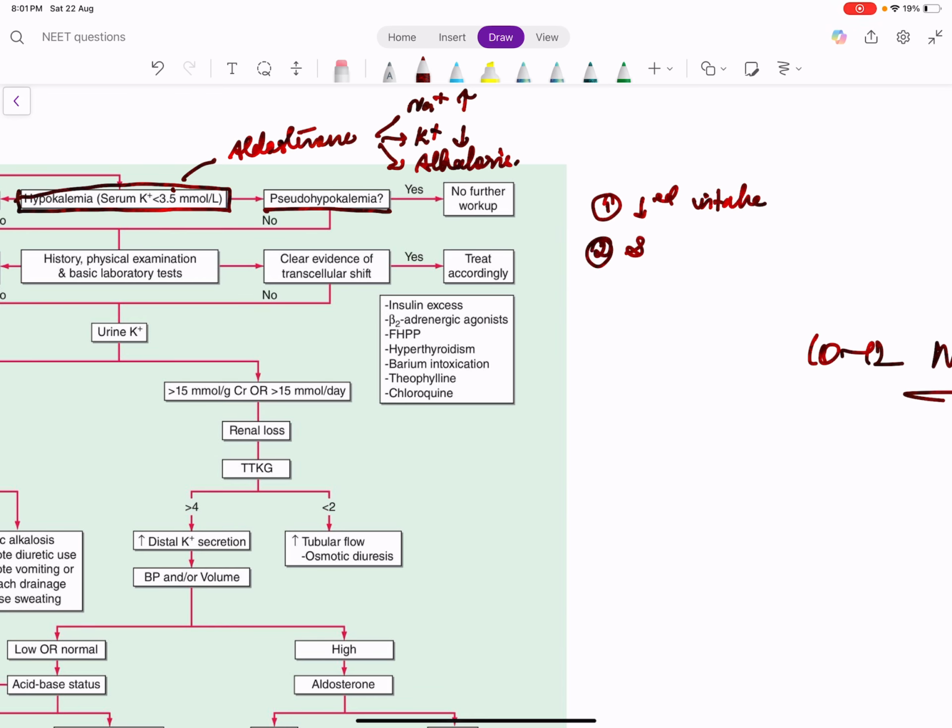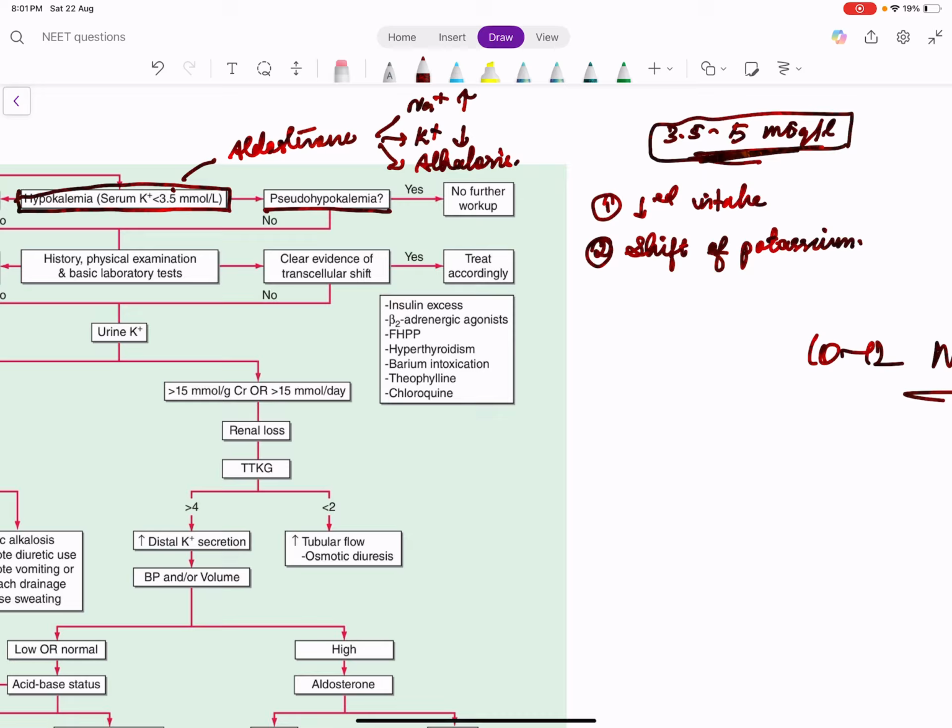Second, there can be shift of potassium, because potassium is a major intracellular ion. What potassium is present in the blood, that is 3.5 to 5 milliequivalents per liter, is only a very low amount, whereas intracellular fluid has large amounts of potassium. So whenever potassium levels change in the blood, actually it buffers with the intracellular compartment.